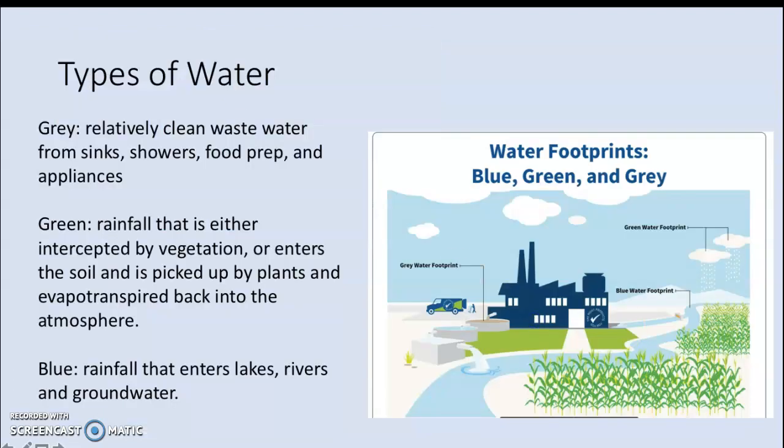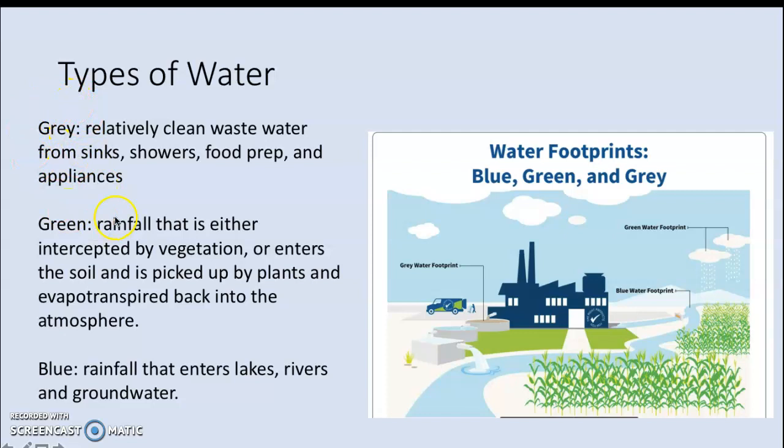Goodness. There are several different types of water also. We have gray water, green water, and blue water. Gray water is the water that no one likes to talk about. It is still usable water. It's relatively clean. So if you think about the water that's washed down the drain in your showers and your sinks, not the toilet, that's called black water. That's bad, goes away, and is retreated.